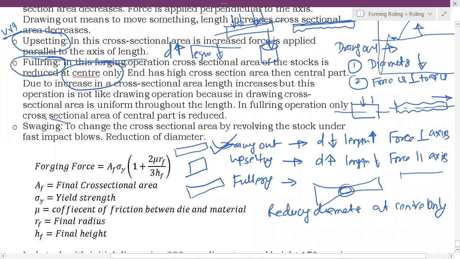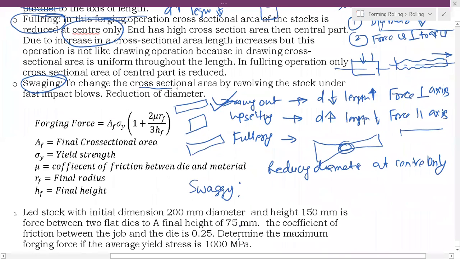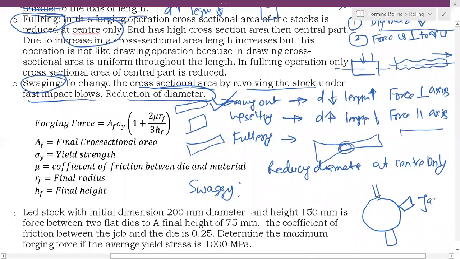Then another term is called swaging. This is actually to reduce the diameter. Swaging is to change the cross-sectional area by revolving the stock under fast impact blows, reducing the diameter. So what happens in swaging? You have a pipe and you are pressing it by a jaw, like pipe swaging or tube swaging.